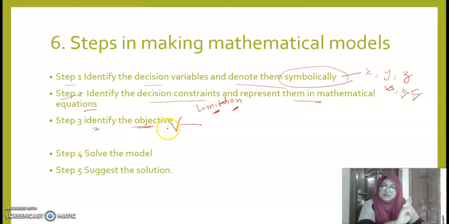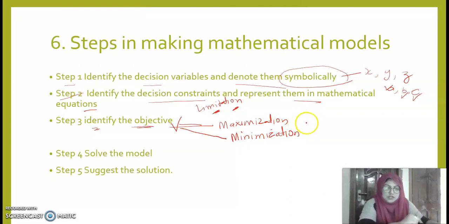Then step number three is identifying the objective. Now the objective can be two things. Either it's about maximization, or it can be about minimization. Maximization of what? Maximization of profit.